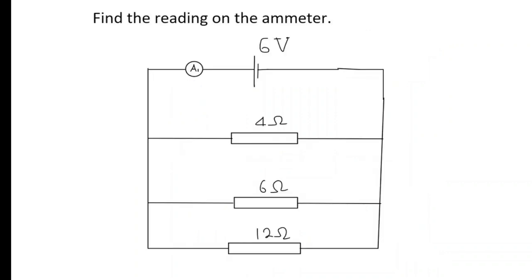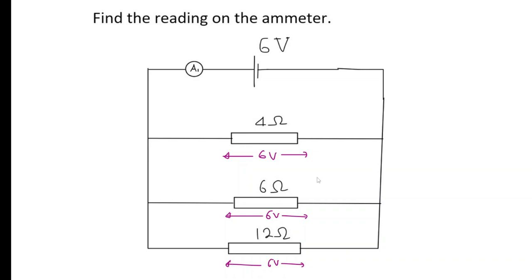Here's a question for you to try. So I'm going to do this question now. Like we figured out earlier, there's a 6 volt power supply. So I know the PD across this is 6 volts. Same thing for this one, and the same for the other one.